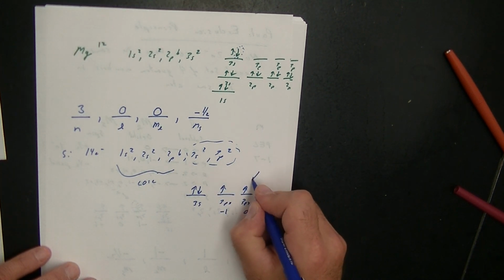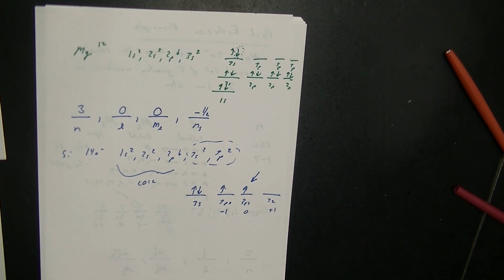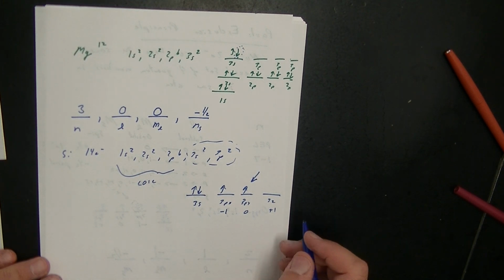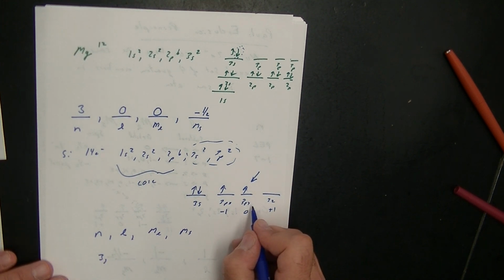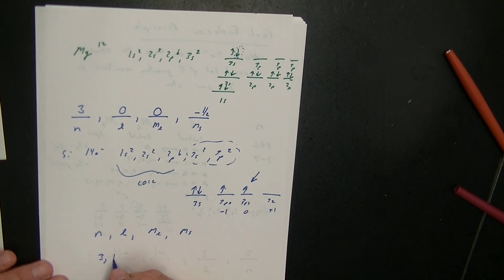So I'm looking to give my four quantum numbers for this one. Well, I need N, I need L, I need ML, and I need MS. Well, let's go ahead and do it then. So N is my third principal energy level, so it would be 3. L tells me we have a P. The quantum number for a P is 1.